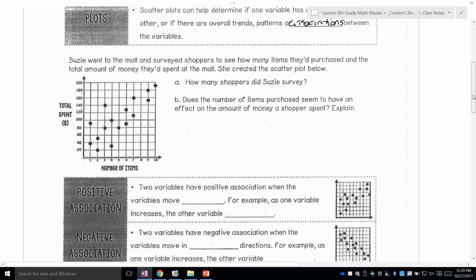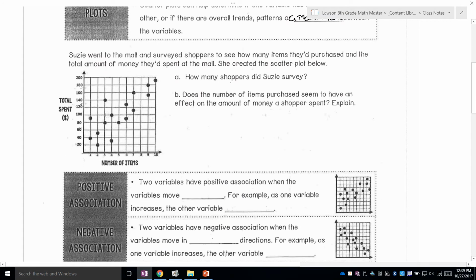It says Susie went to the mall and surveyed shoppers to see how many items they'd purchased and the total amount of money they'd spent at the mall. She created the scatter plot below. And A says, how many shoppers did Susie survey? Well, we can look to see how many shoppers she surveyed by counting the number of dots on the graph, right?